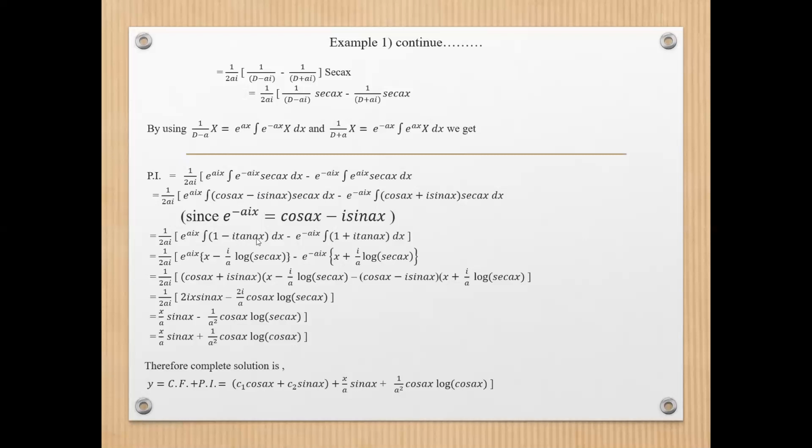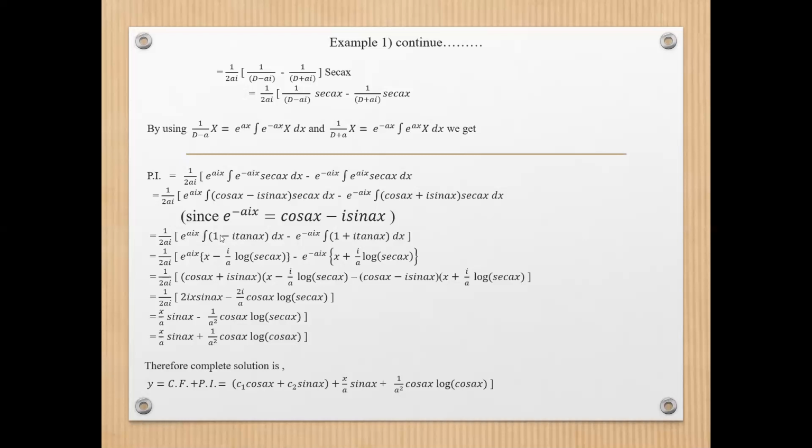We get tan ax dx, minus e raised to minus aix integration, same here, cos ax into sec ax, we get 1 plus i sin ax into sec ax, we get tan ax dx. Now do integration, here also do integration. What do we get? 1 upon 2ai e raised to aix.